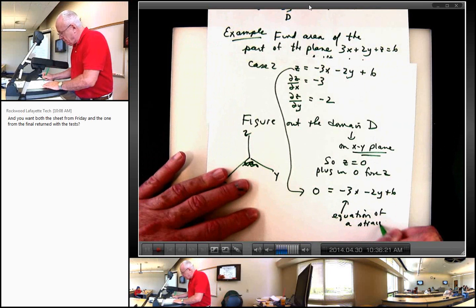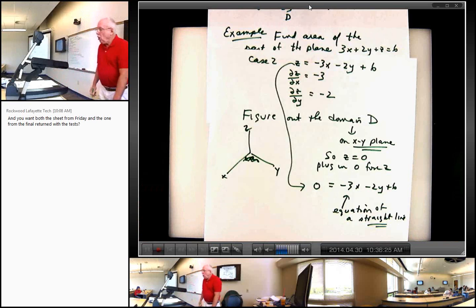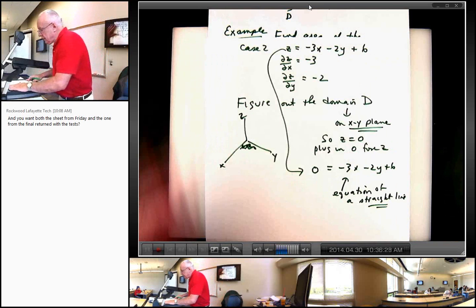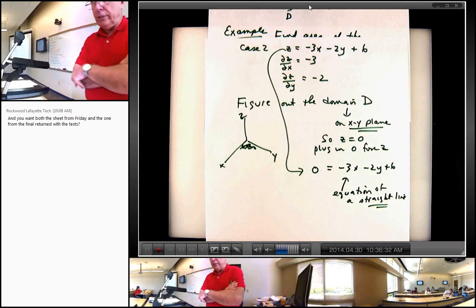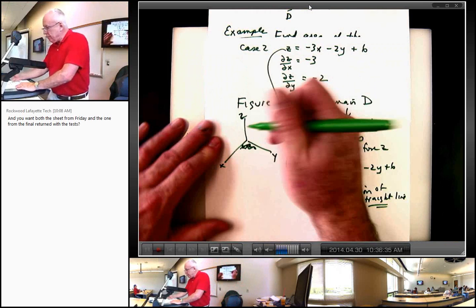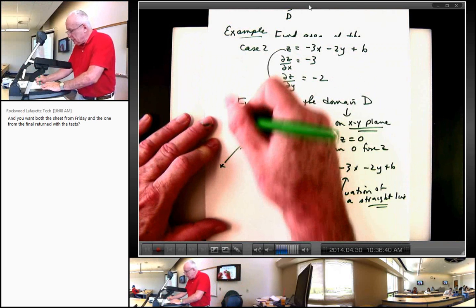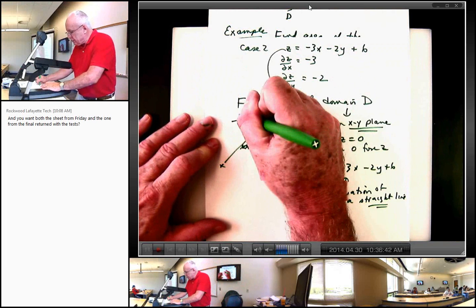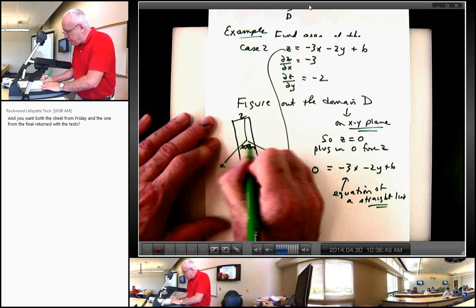So we know that that is going to be one of our boundaries here, because that's where this plane, going up and going down, is crossing this XY plane.